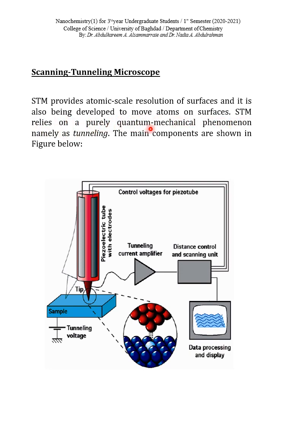STM relies on a purely quantum mechanical phenomenon, namely tunneling. The main components are shown in the figure below. So it is not only used for imaging but can also be used to move atoms on the surface of the sample.